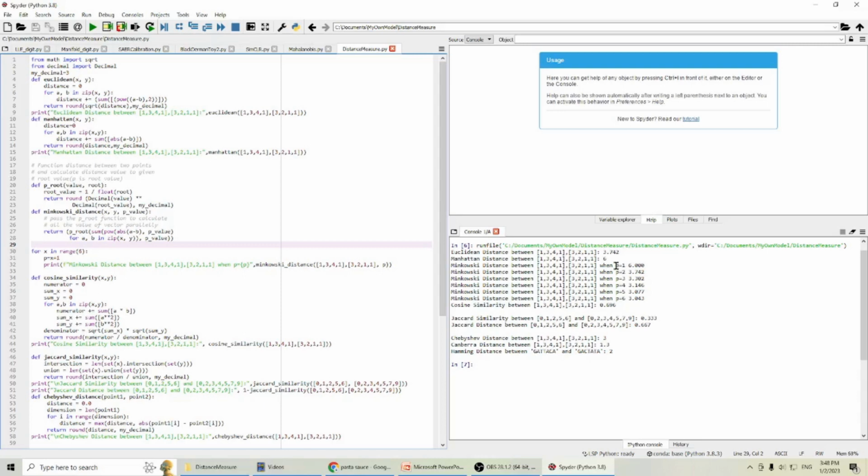If p equals 1, as I mentioned before, it will be equal to Manhattan distance, which is 6. And if p equals 2, it will be 3.742, which is equal to Euclidean distance. When p equals 3, 4, 5, or 6, you can see the distance will become shorter and shorter.